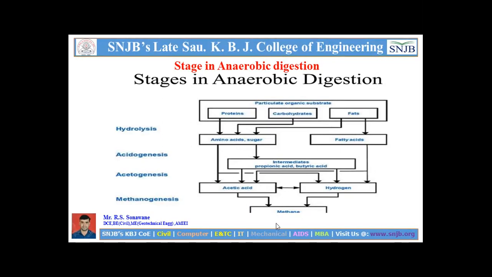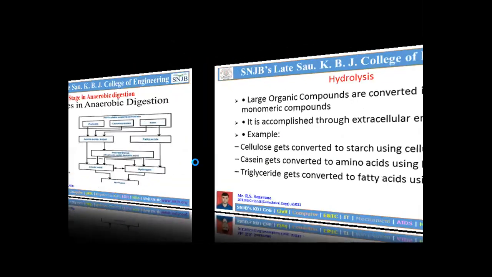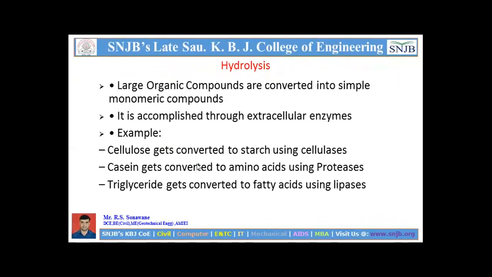But this whole process goes through four stages: the hydrolysis stage, acidogenesis stage, acetogenesis stage, and methanogenesis stage. One by one, let's see them in detail. So what do we mean by hydrolysis? Hydrolysis is where large organic compounds are converted into simple monomeric compounds.